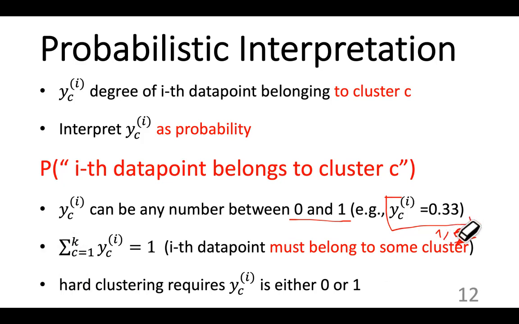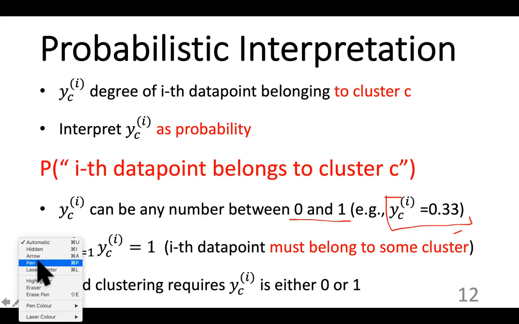So this degree of belonging can be any number between 0 and 1. And we will interpret this degree of belonging as a probability. This might seem weird at first sight. Why do we now need to bring in probability theory? But it turns out to be useful. So bear with me and just trust me on this.